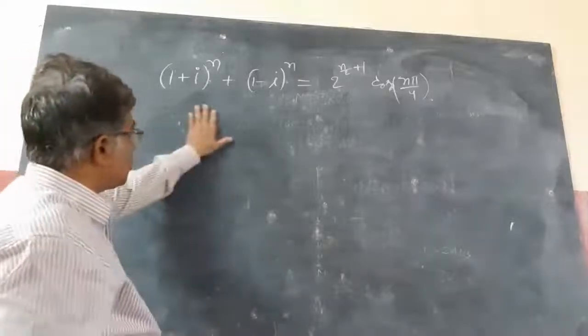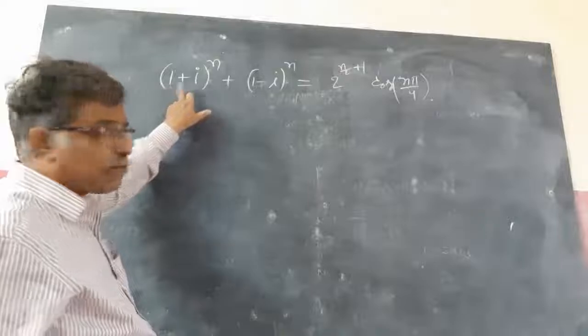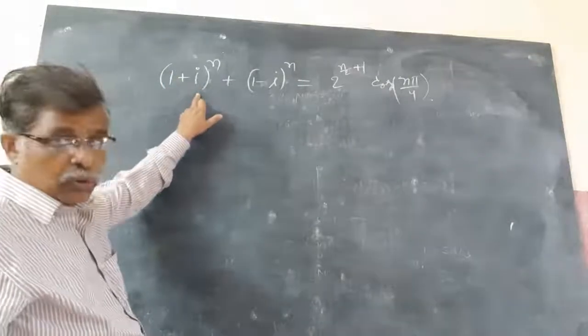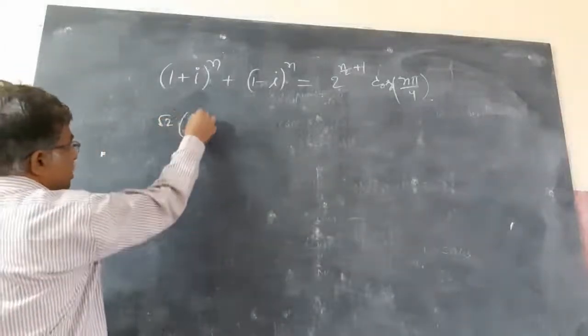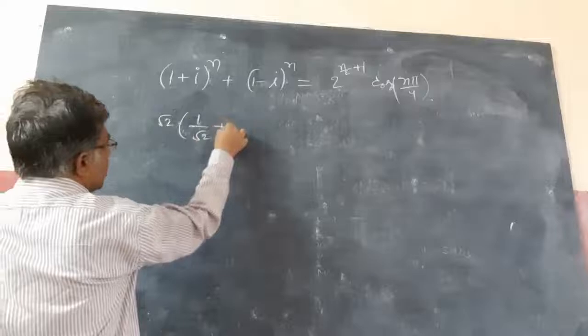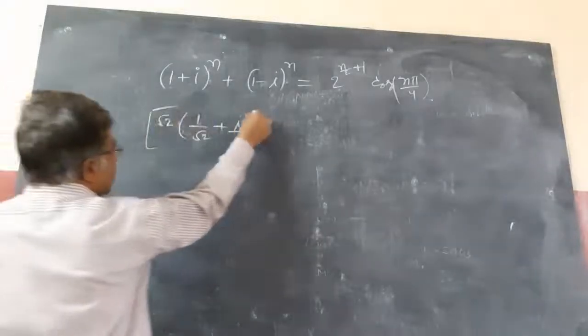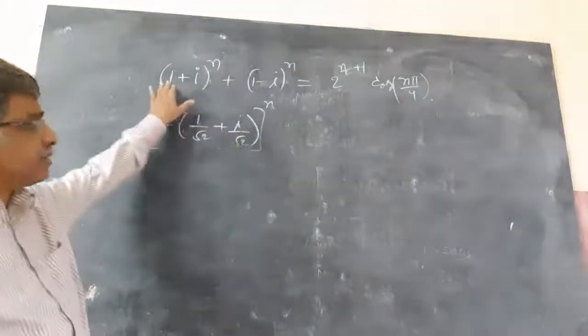So to convert into polar form, r here is root of a square plus b square, means root of 1 plus 1, root 2. So I will multiply and divide by root 2, so that the value will not change. I am not changing the given value. If I expand the brackets, I will get this one.